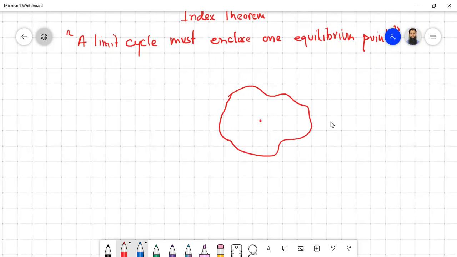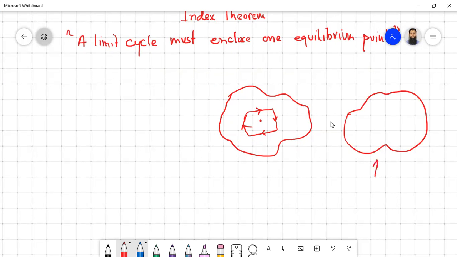If there is one equilibrium point, there is a possibility of having a limit cycle inside, but it is not always rigid. That is why it is mainly used for nullifying the idea: if any region doesn't have an equilibrium point inside, there is no limit cycle inside.